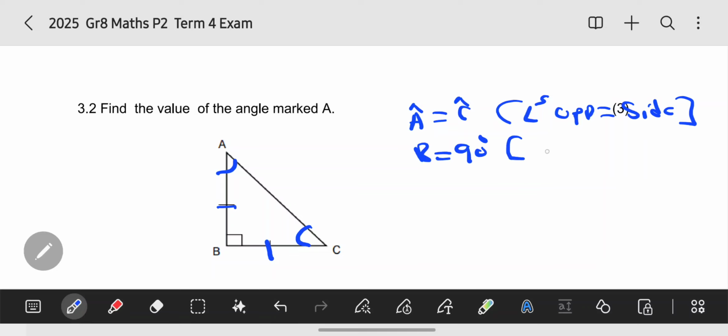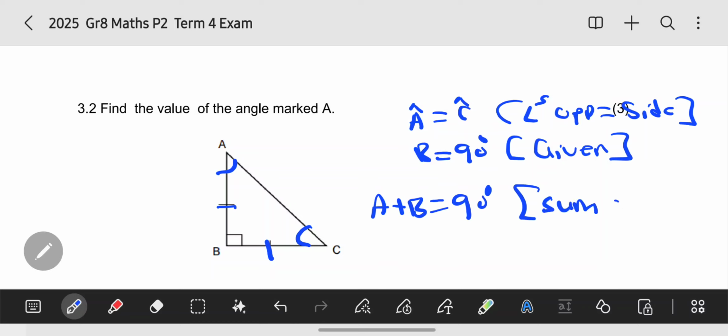And we see angle B is equal to 90 degrees. What is the reason? Given. It means that angle A plus angle C is going to give us 90 degrees. The reason: sum of angles in a triangle.